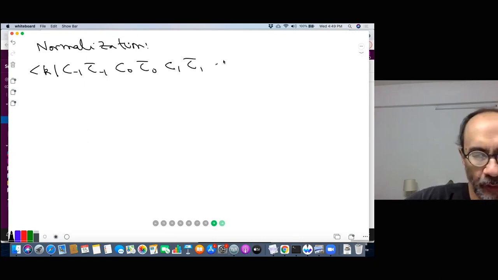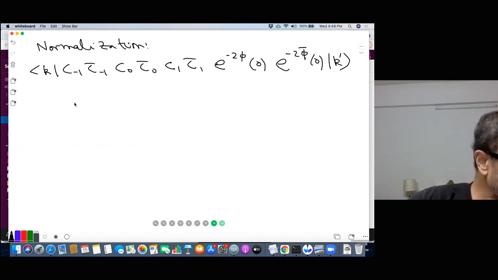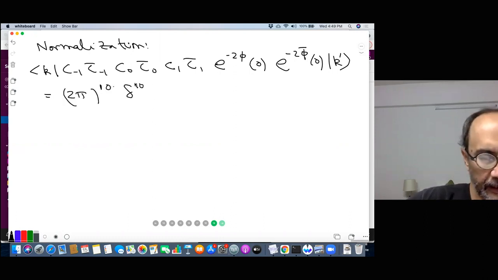And then we have to also put the picture numbers, otherwise this by itself will not give a non-zero correlation function. k' — these are the momentum states, e^{ik·x}(0) acting on the vacuum. So this is (2π)^10 δ^10.